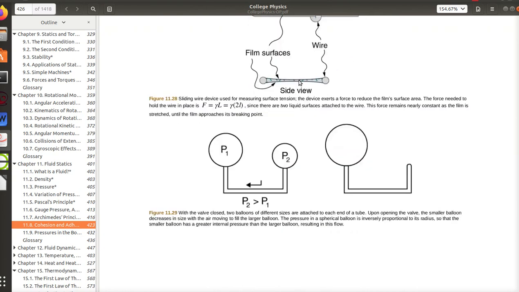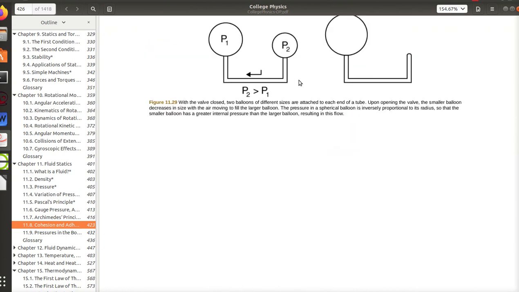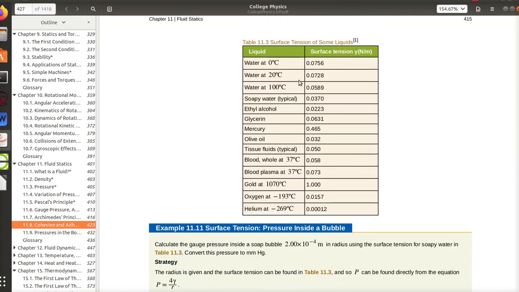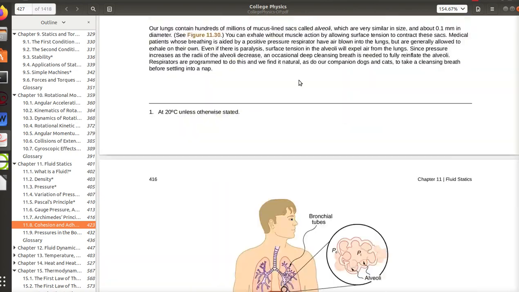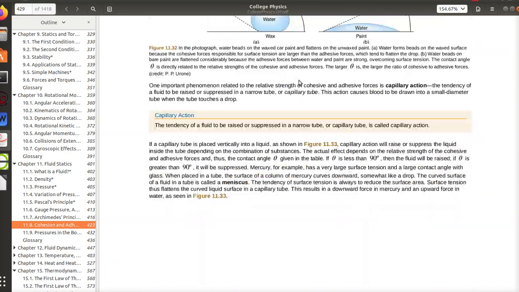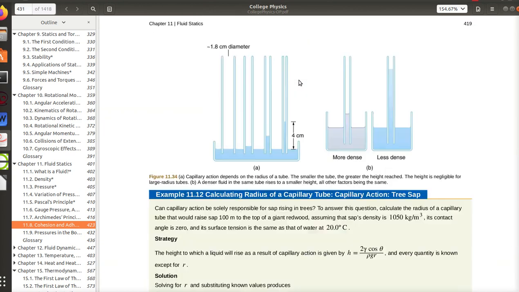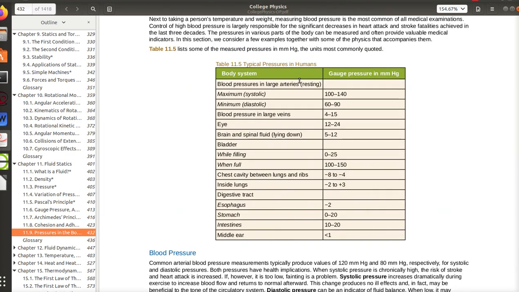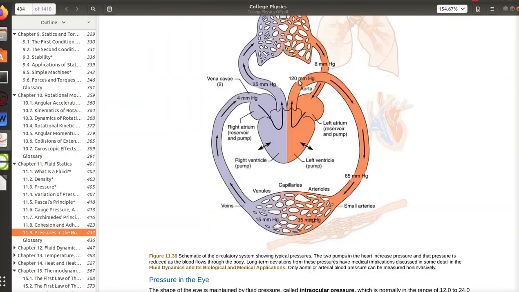Let's see, P1, P2. Surface tension of some liquids, it's something that's measurable. There's a chart. And yes, I would say pressures in the body we're not going to do. Definitely not.